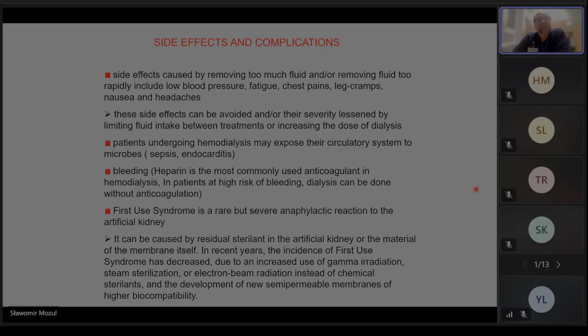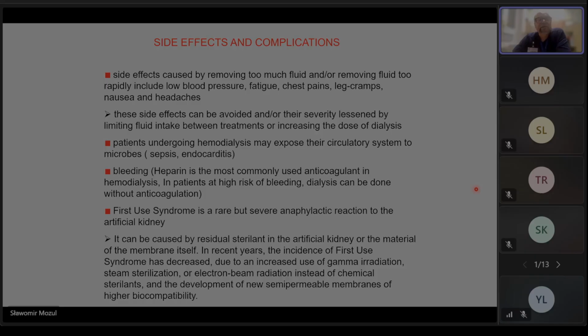These effects can be avoided or the severity lessened by limiting fluid intake between treatments or increasing the dose of dialysis.